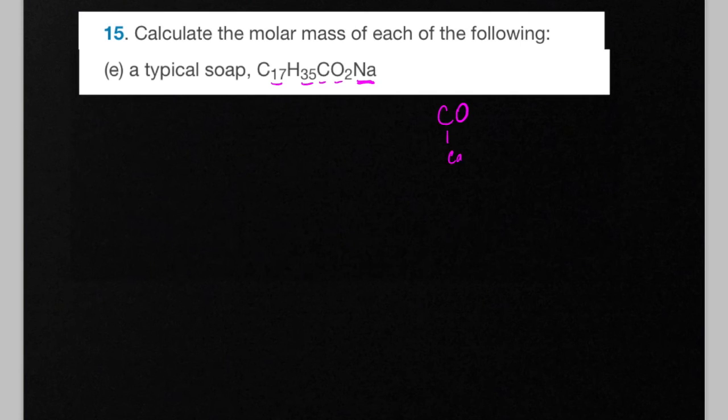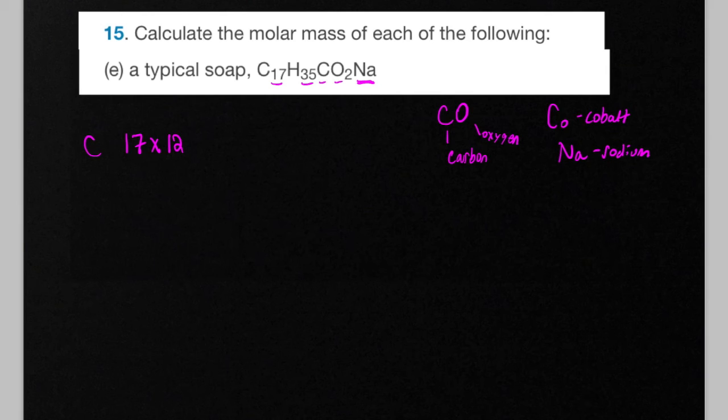So remember again that capital C, capital O is carbon and oxygen. And remember that capital C, lowercase o is cobalt. Okay, that is not in soap. And your capital N, small a is your typical sodium. It's not nitrogen.